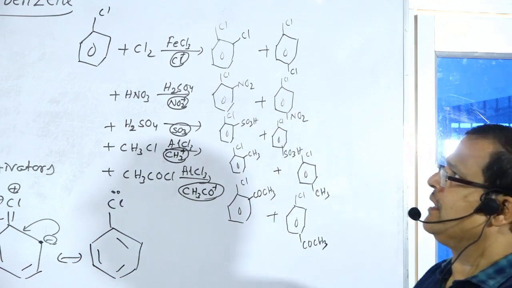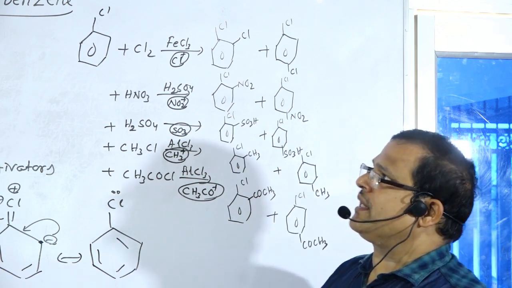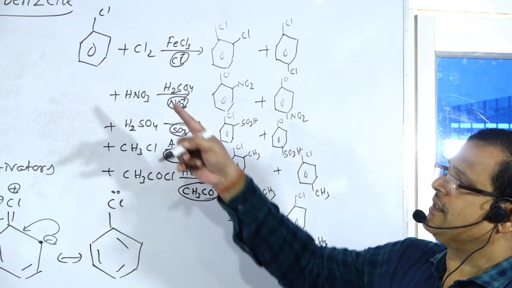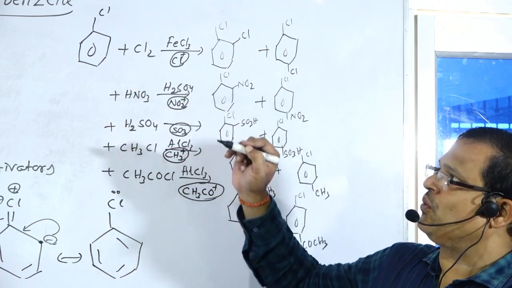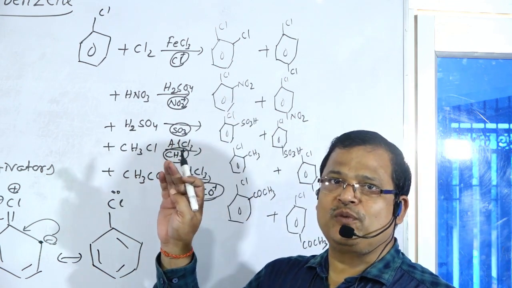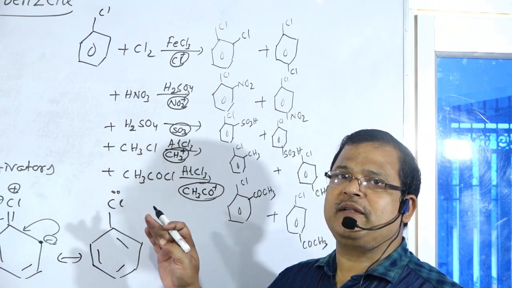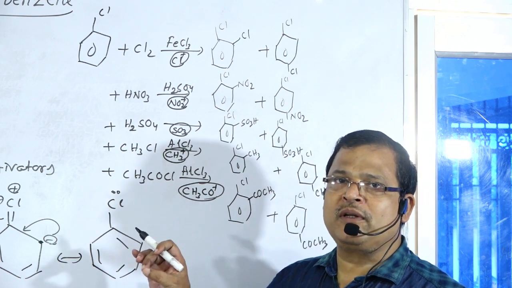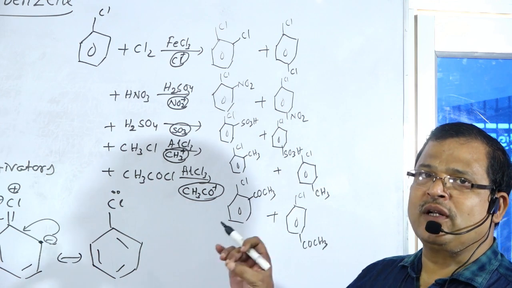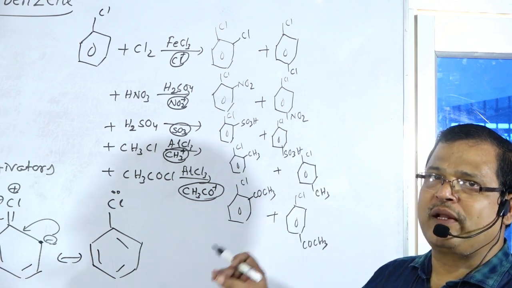So this is regarding the electrophilic substitution reactions that take place in the case of chlorobenzene. Chlorine in the benzene ring is ortho-para directing and ring deactivating. Why ortho-para directing? Because of conjugation, resonance takes place and electron density becomes more at the ortho and para positions.